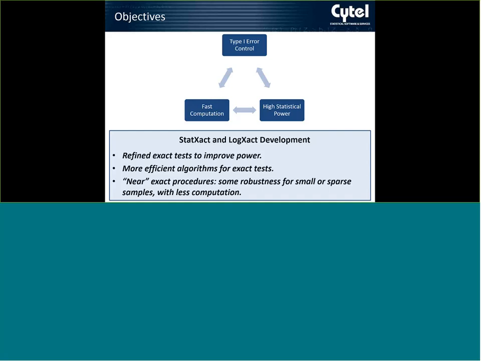They're included to allow users some options when they have a data set for which exact methods don't work quite as well, or are not easy to compute because of the size of the data set. At the same time, these near exact methods provide good properties, a good balance between type 1 error and power, without requiring all the computation of exact methods.